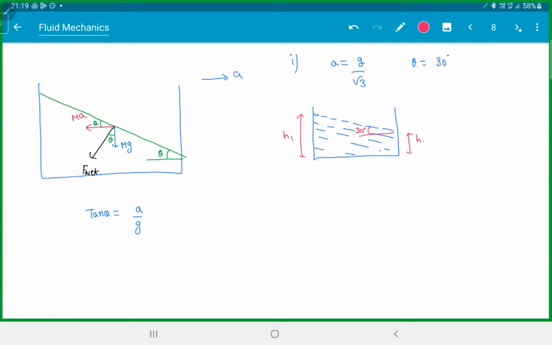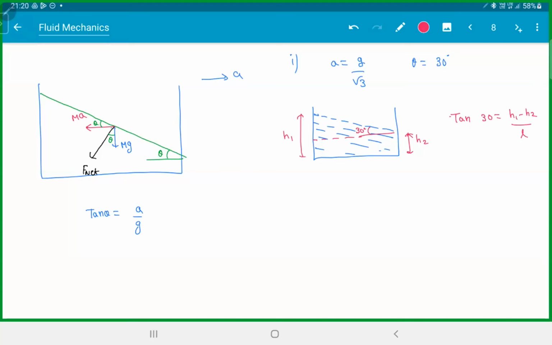How to find h1, h2? The angle 30 is given. Any ideas? Trigonometry will give the difference in heights, so that we have to do. So tan 30 will be the difference in height, h1 minus h2, by L.